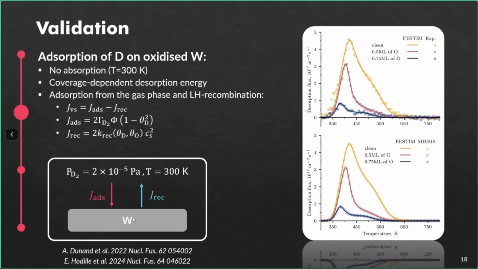And in the top figure, you can see the comparison of FESTIM results with the experiment, and we were also able to compare the results of FESTIM with the ones obtained with other simulation codes. And the correlation between the 2 codes is excellent.